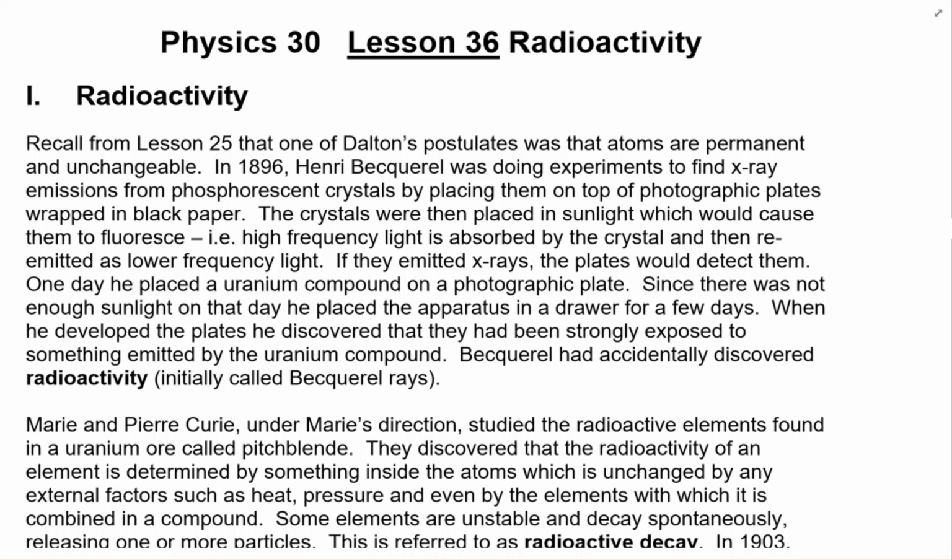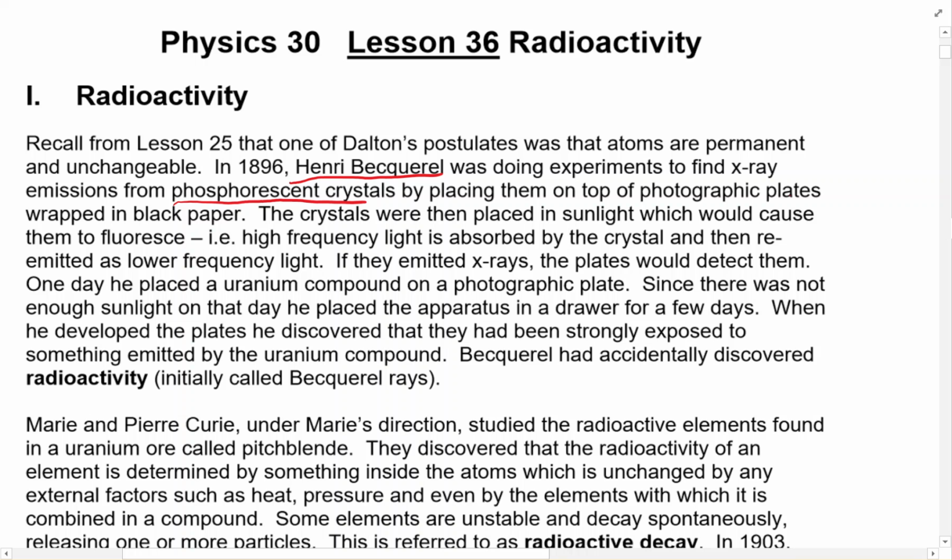So what we start with is this guy named Henry Becquerel, who in 1896 was doing experiments to find X-rays. They knew about the electromagnetic spectrum, and they were trying to find even shorter, higher energy waves at the one end. What he was doing is they had these things called phosphorescent crystals, and put them on photographic plates.